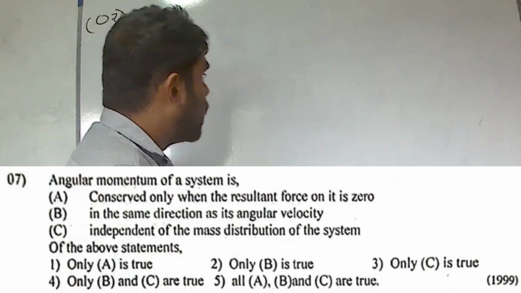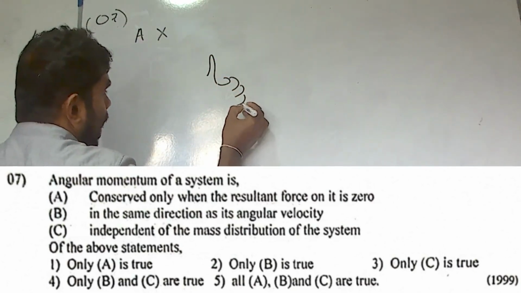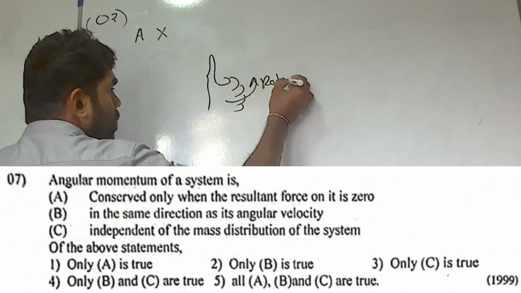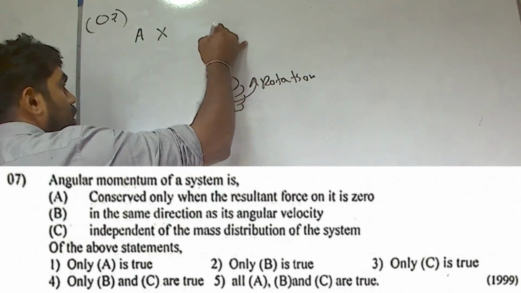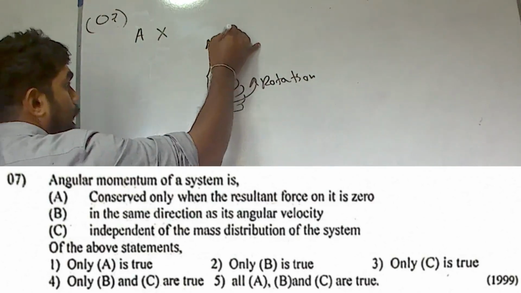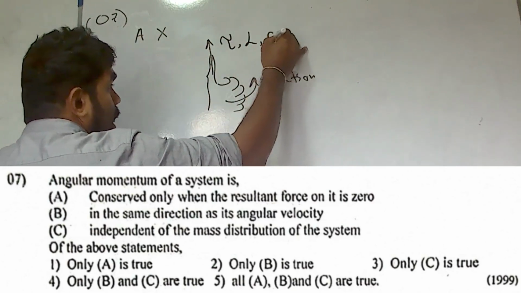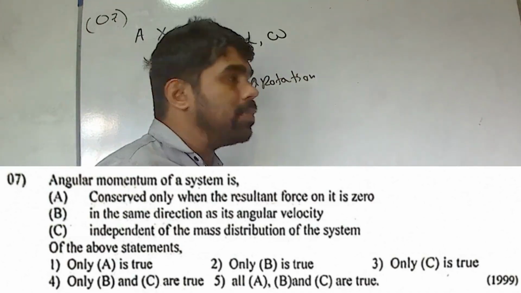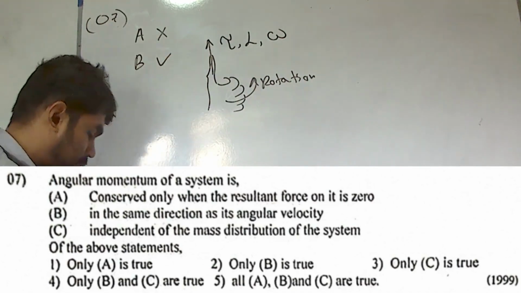We can consider this by using the right hand screw law. If the rotation is in this direction, we can get the direction of torque, the direction of angular velocity and the direction of angular momentum in this direction. Therefore, in the same direction it is correct.